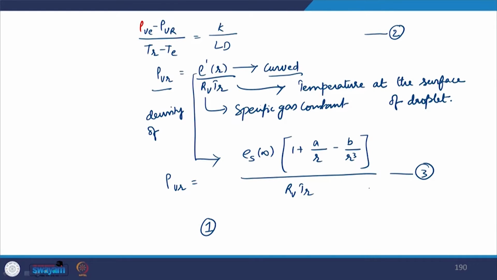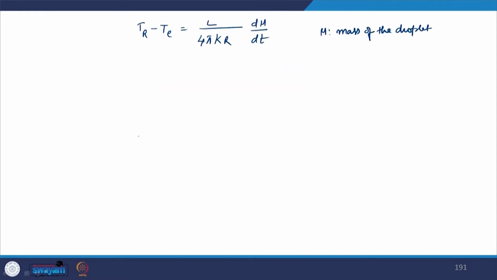Now, from these three equations, we will do some rearrangement and we will try to see how we can derive an expression, right. So, we can say that T_r - T_e is L by 4 pi K r into dm/dt, where L is the latent heat, and m is the mass of the droplet.